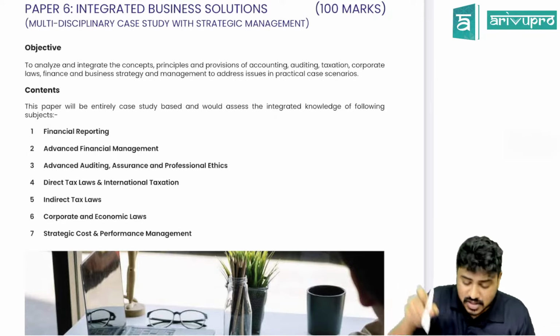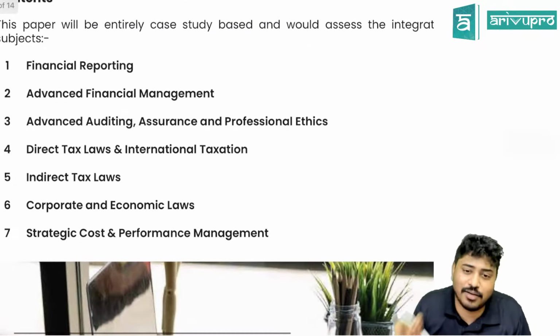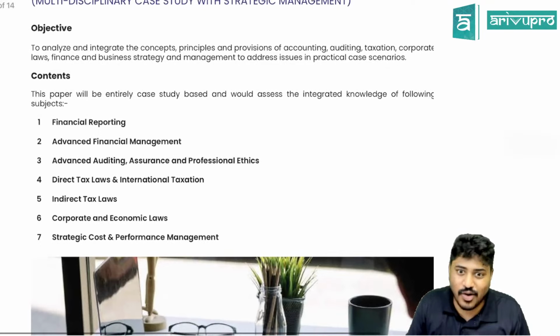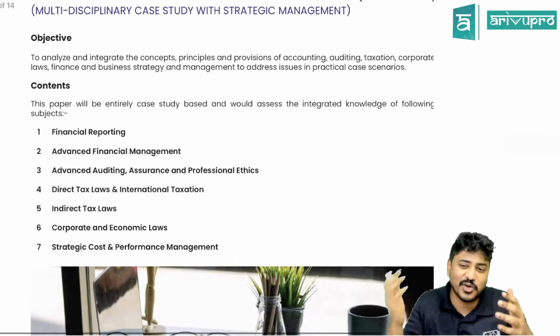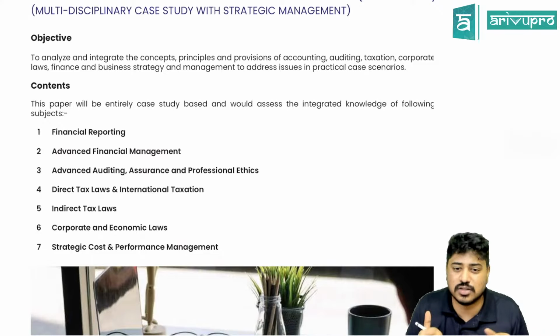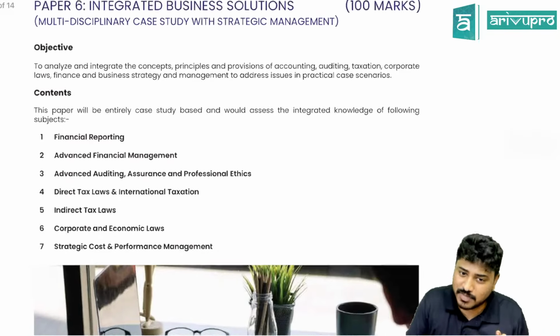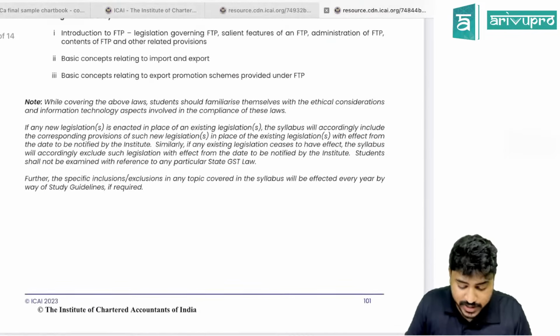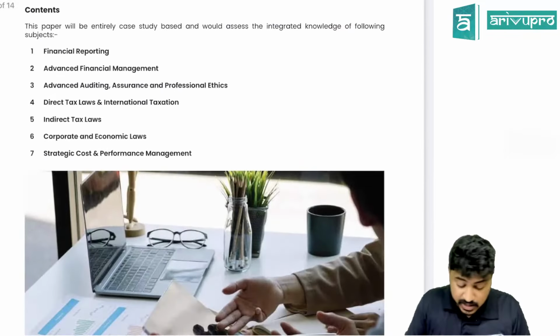Those questions can also be tested in this integrated case study. So they are going to test you a lot in this paper. We have to wait and see what the question paper is. Mostly this might be an open book also, but they have not told those details yet. Are we clear on it?